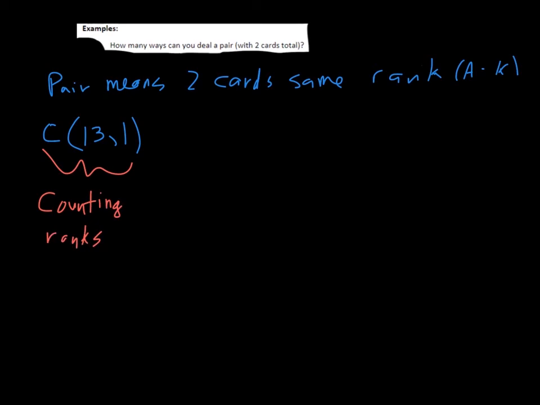But then that's not all that I'm concerned about. So when a given rank is chosen, so for example, suppose I choose 5. Well, there are 4 different 5s in the deck. There's the 5 of hearts, the 5 of clubs, the 5 of diamonds, and the 5 of spades. So once a rank is chosen, out of the 4 different suits, I'm going to choose 2 of the suits. Okay? I'm going to choose 2 of those suits to make my pair.